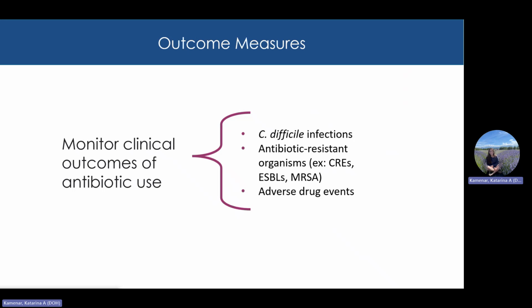So that would be like the number of new C. diff infections and the number of new antimicrobial resistant infections in your facility. So things like carbapenem resistant Enterobacterales, ESBLs, MRSA. And a reminder that you only need to track one of these in order to meet the core element.